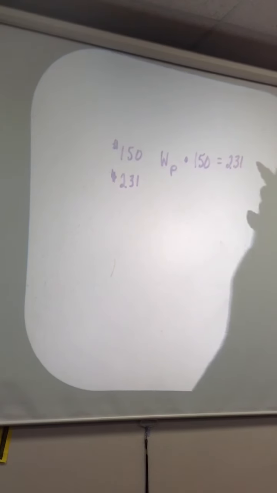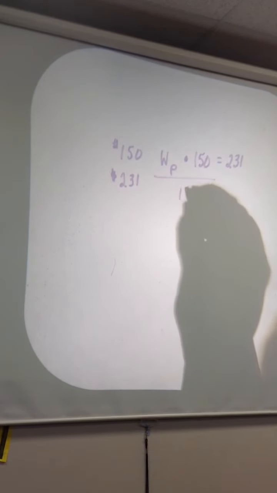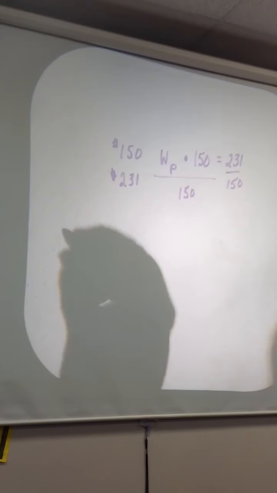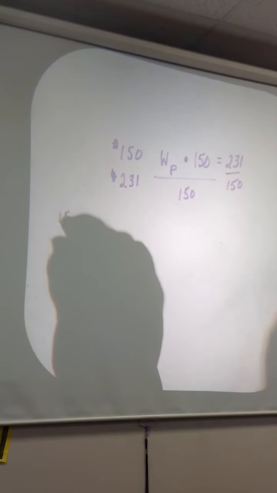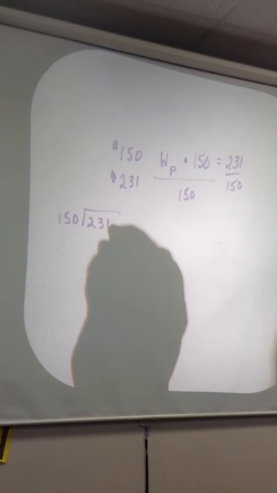So now, how do we solve this to find out what we're talking about? All right, Bradley, what are we going to do? Divide both sides by 150. That's right. We're going to divide both sides by 150. So we've got 150, and to divide into 231.